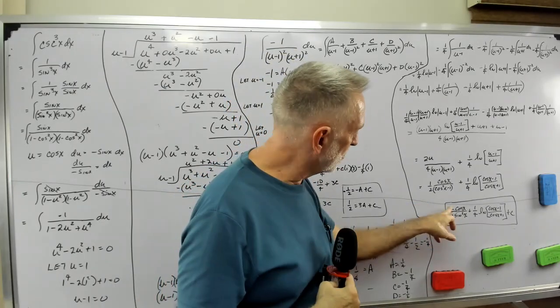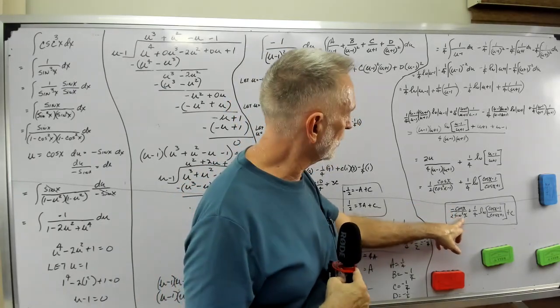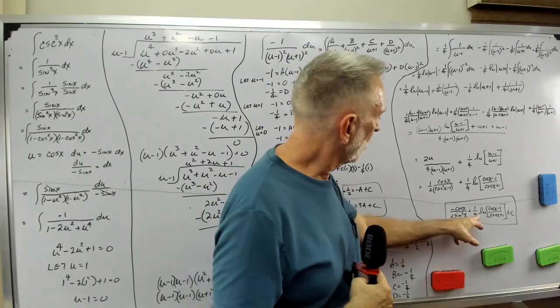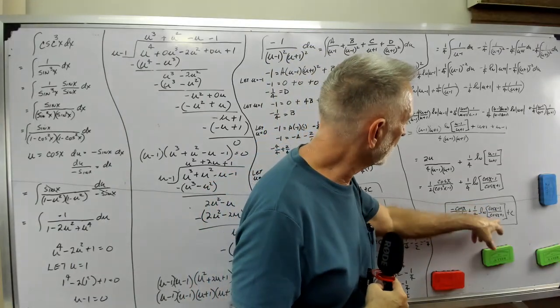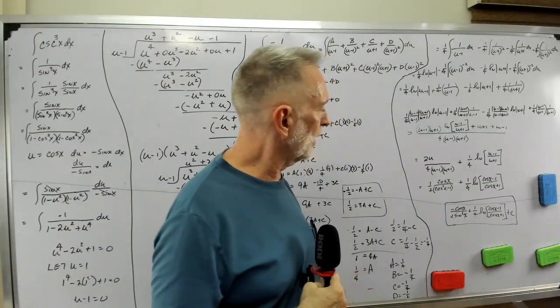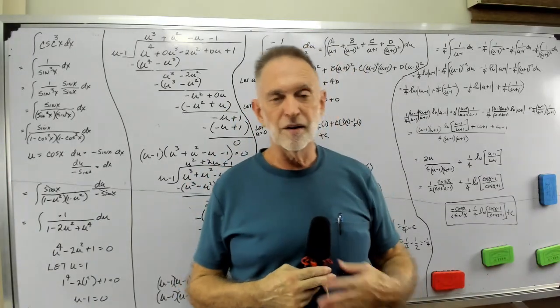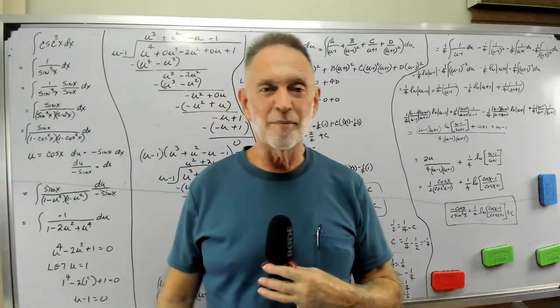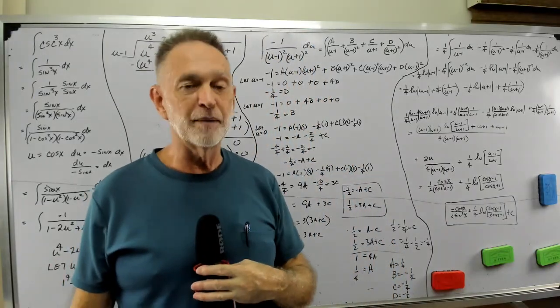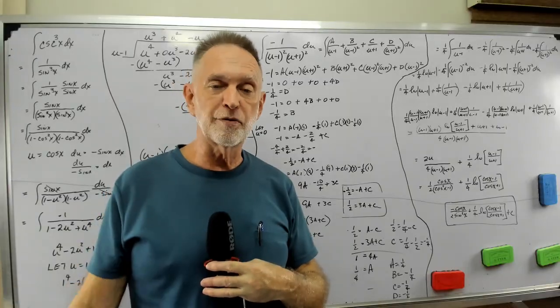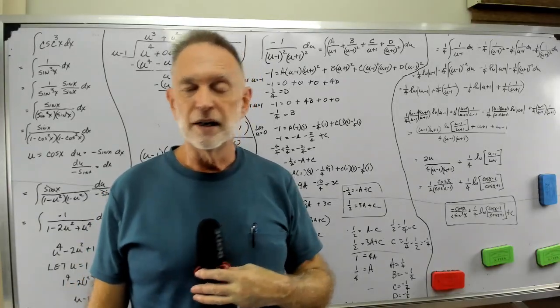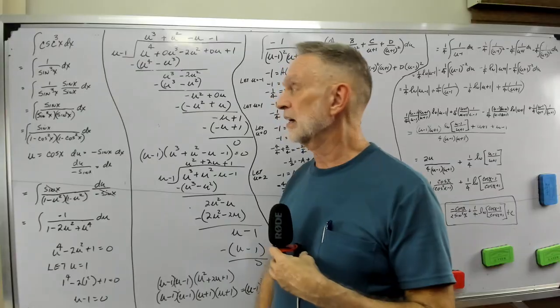That's where this minus sine squared x came from. Plus the natural log cosine x minus 1 over cosine x plus 1 plus c. We've made that problem more complicated than it really needed to be, but we're working on partial fractions here locally, so this ended up being a good exercise.